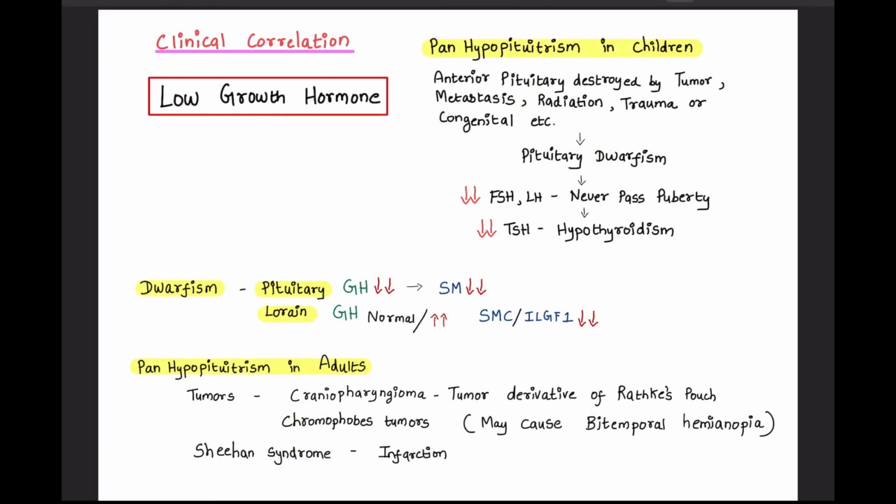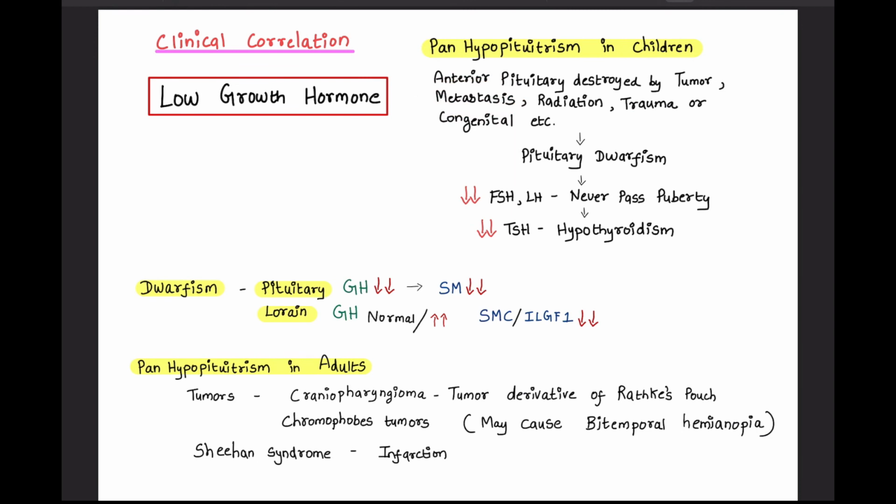Now we will see some clinical correlation related with decreased growth hormone or low level of growth hormone. In pan-hypopituitarism in children, the anterior pituitary gland is destroyed or disturbed by a tumor or trauma or metastasis.